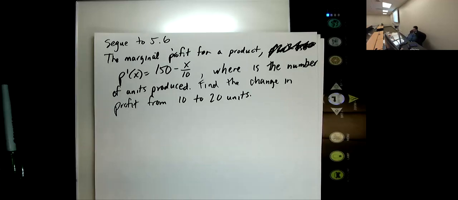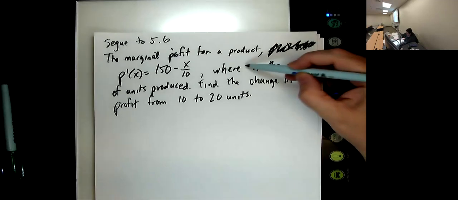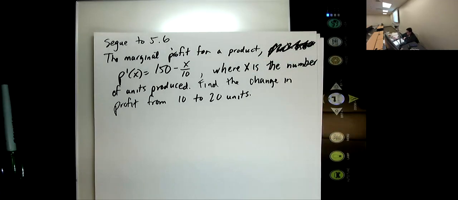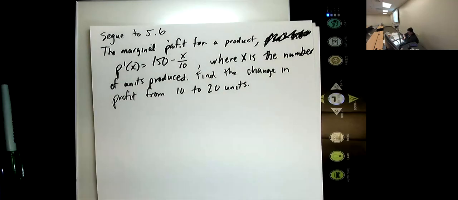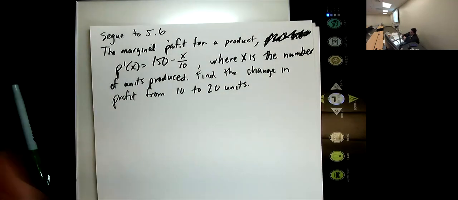So we're going to look for the marginal profit for a product. Well, we have the marginal profit for a product. P prime of x is 150 minus x over 10, where x is the number of units produced. Find the change of profit from 10 to 20 units. So P of x is the profit function.